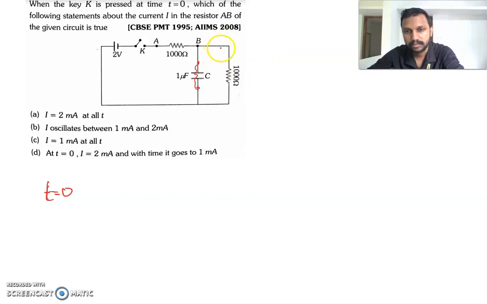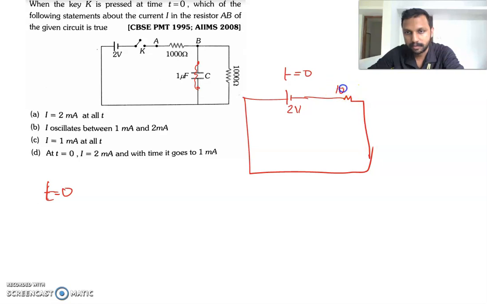Therefore, this resistance is not part of that circuit. Therefore, at t is equal to 0, with this 2 volt battery, we could imagine the circuit like this. This is our 1000 ohm resistor, and the capacitor gets short circuited, so this is not part of that circuit.